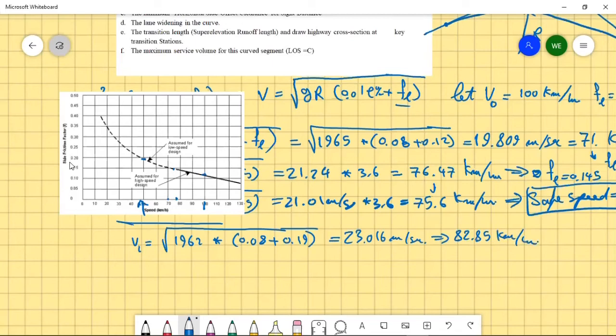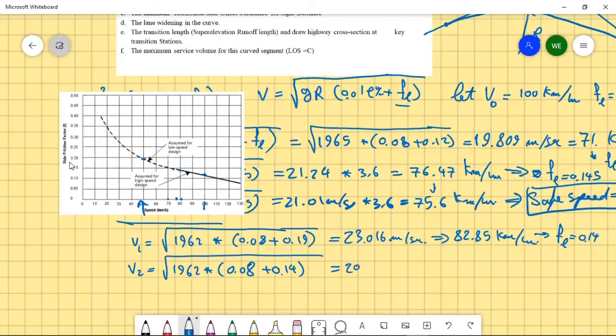So FL will be how much? That's 80 here, okay? So it's going to be 0.14. So V2 equals the square root of 1962 multiply 0.22 under the root.